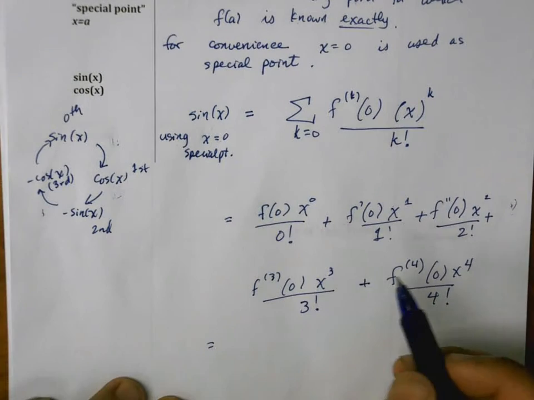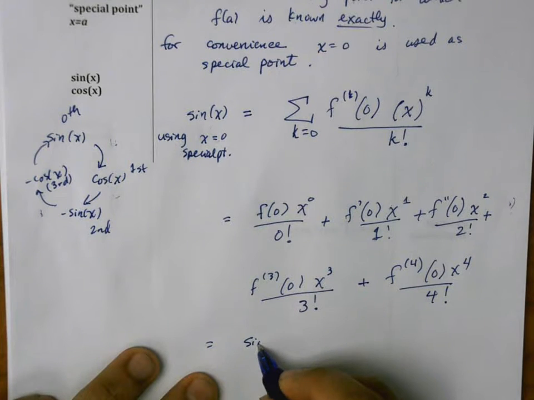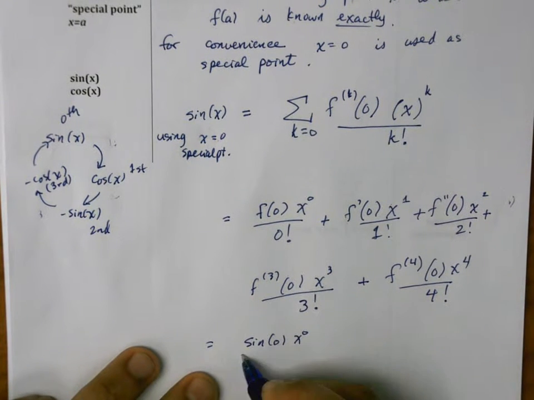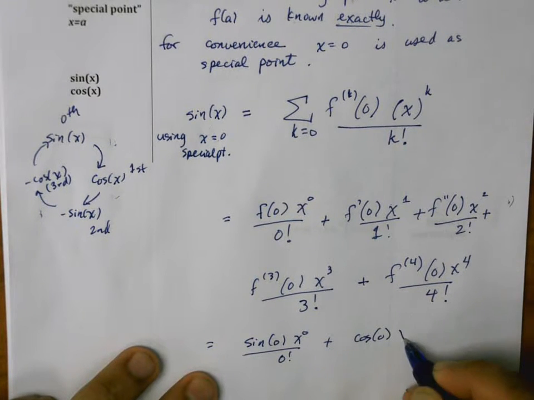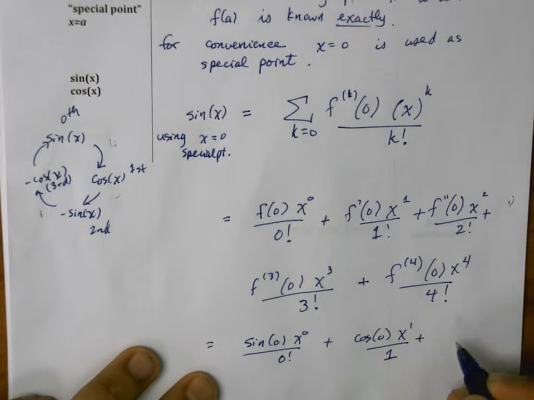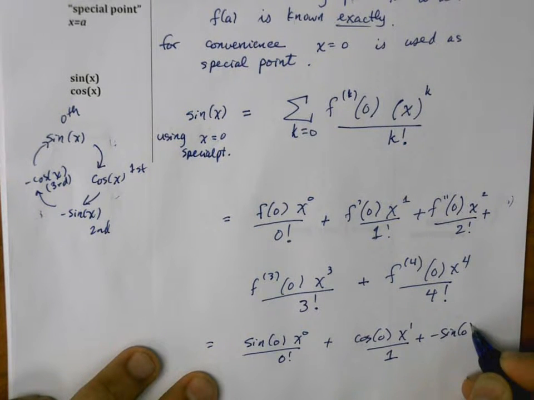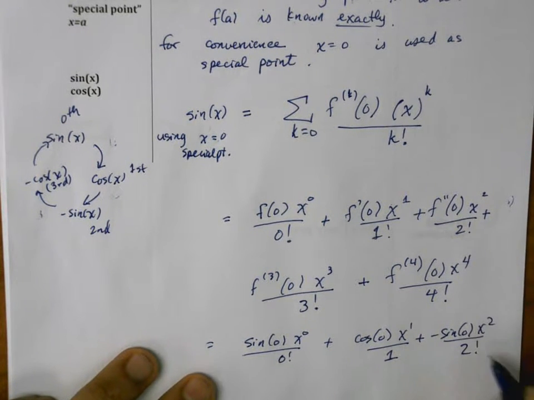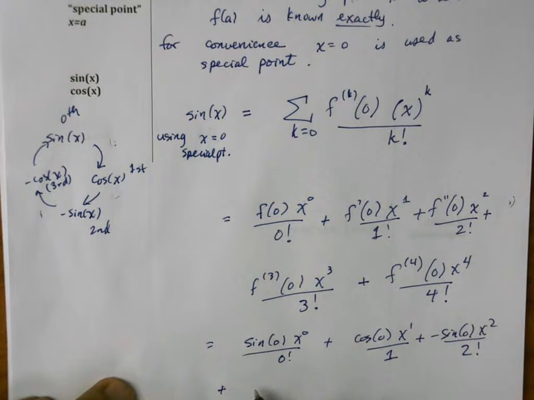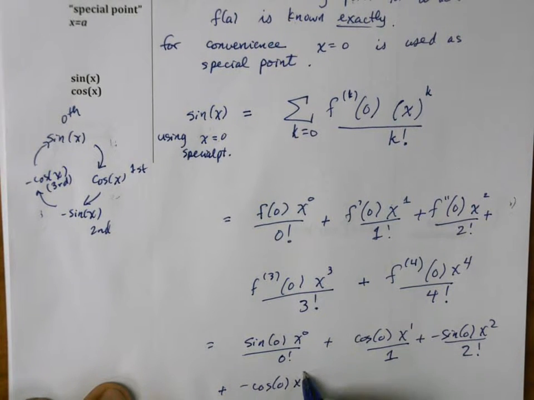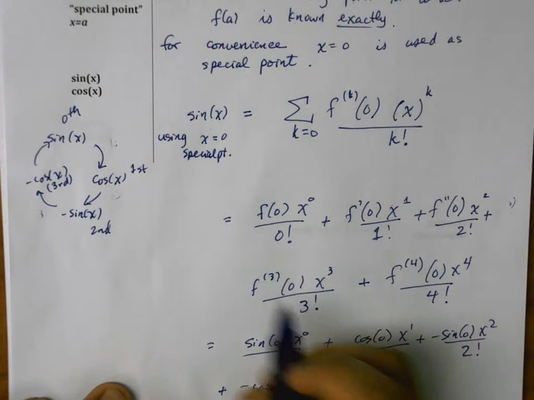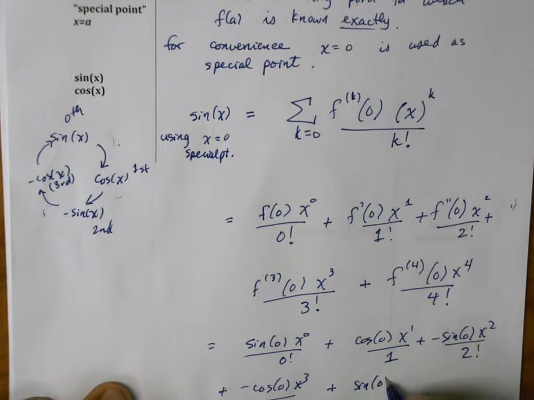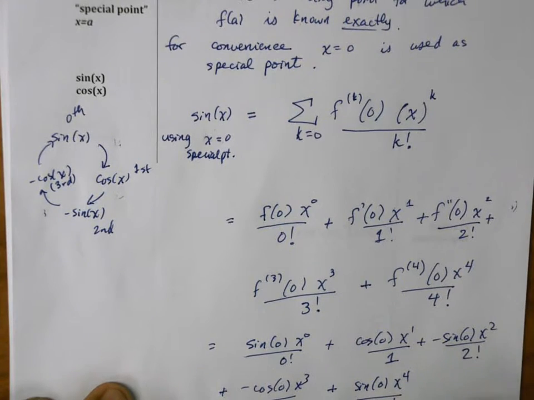And let's see what happens when we apply these results. Well, f of 0 is just 0. So I'll write it out too. This is sine of 0, x to the 0 over 0 factorial, plus cosine of 0, x to the first over 1 factorial, plus negative sine of 0, x squared over 2 factorial, plus the third derivative, which is negative cosine of 0, x to the third over 3 factorial, plus the fourth derivative, which is back to sine again, of 0, x to the fourth over 4 factorial.